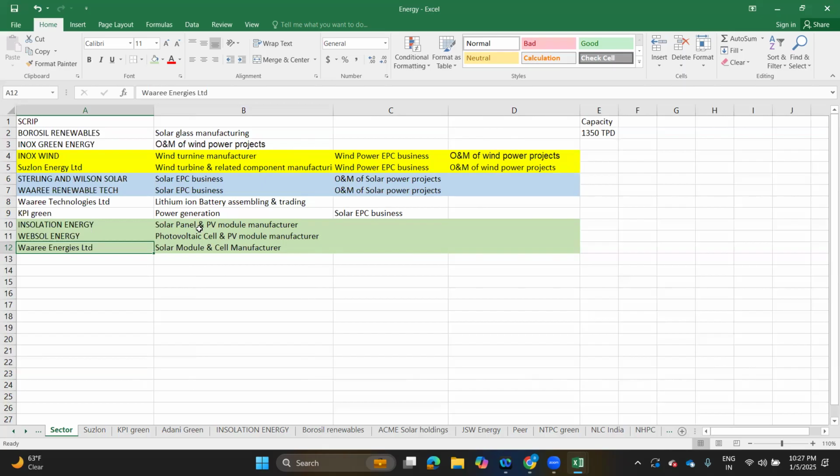And for manufacturing these solar panels and photovoltaic cells, you need flat glass for solar energy, right? Which is manufactured by Borosil. So both of these companies are in a similar value chain.